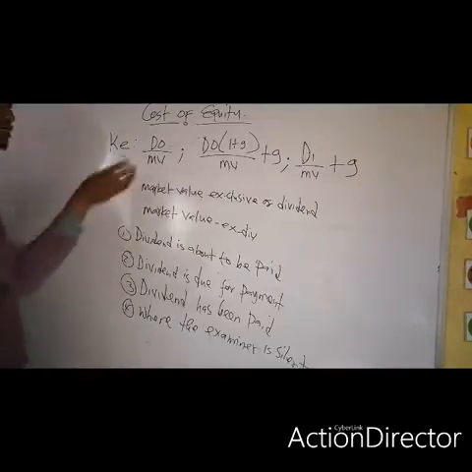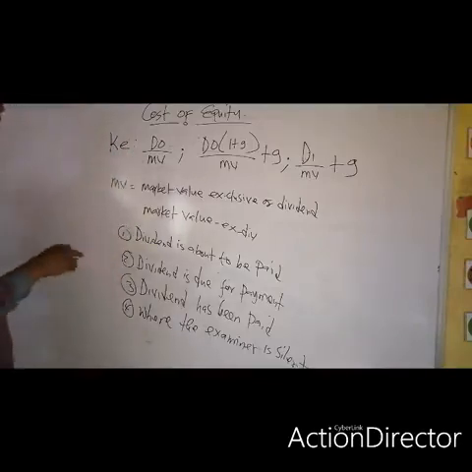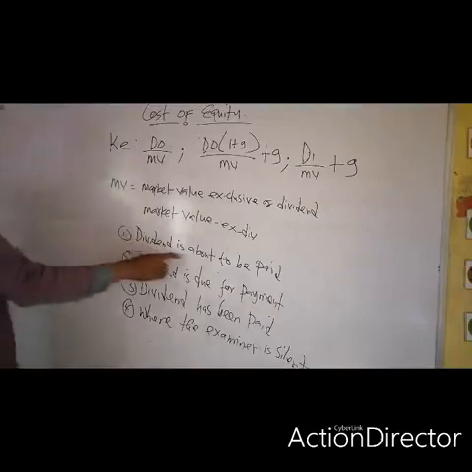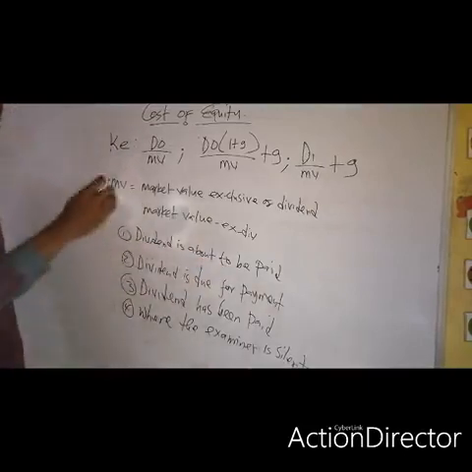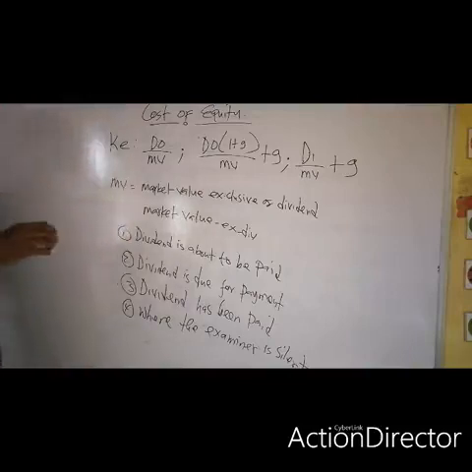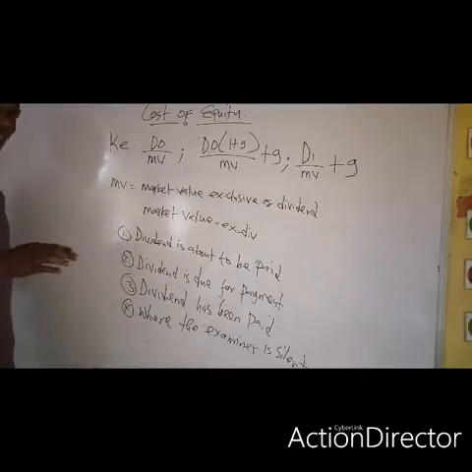Now, how do you know whether this market value is inclusive of dividend or exclusive of dividend? Look at this. Dividend is about to be paid. In a question where they say the dividend is about to be paid, it means the dividend is due for payment but has not been paid. Just get it.